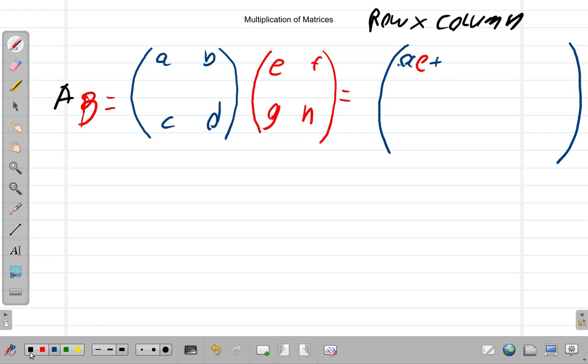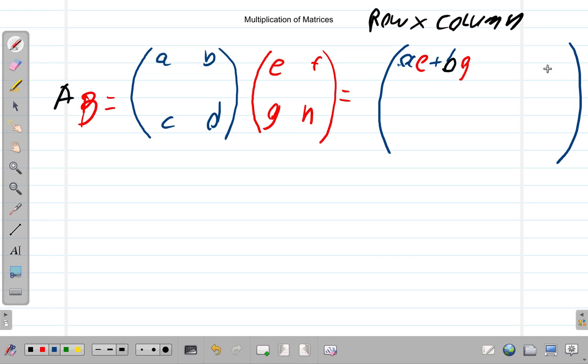So remember, it was the first in row 1 times the first in column 1. Now it will be the second in row 1 times the second in column 1. So it's first by first plus second by second, row by column.